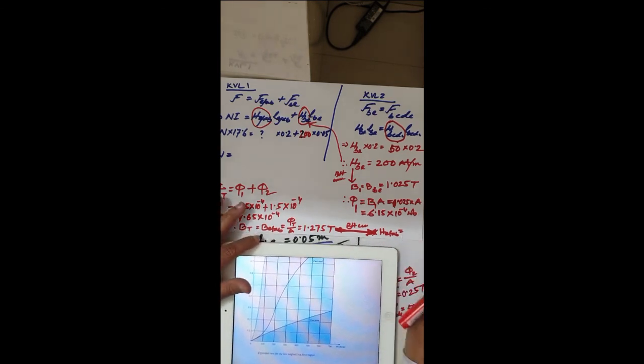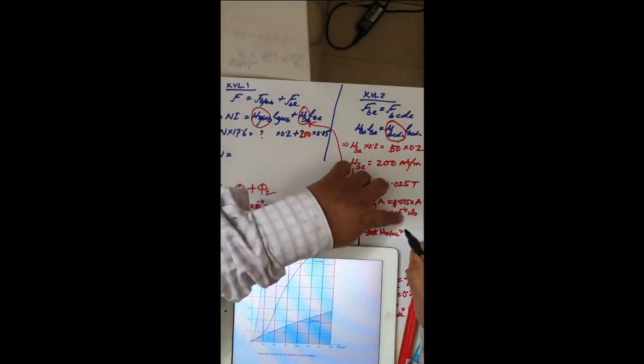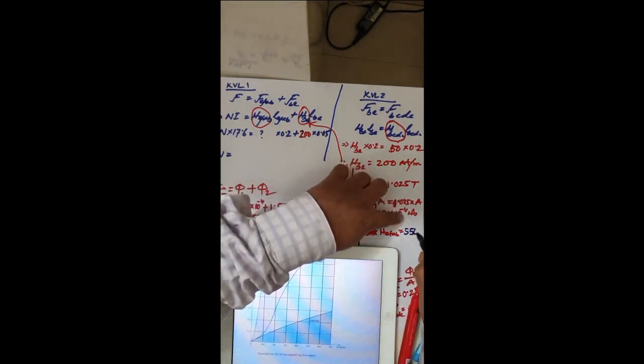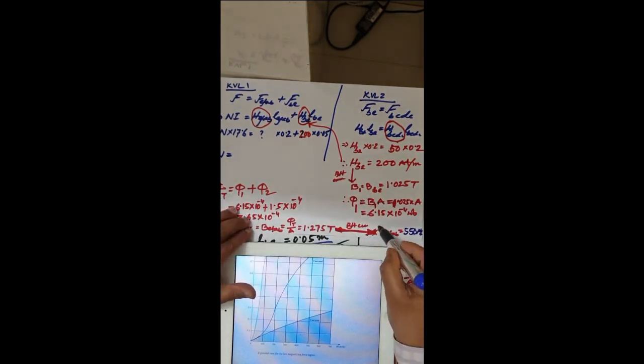So maybe we can say it's 550 or something like that. We can assume 550 ampere turn per meter as HFE.